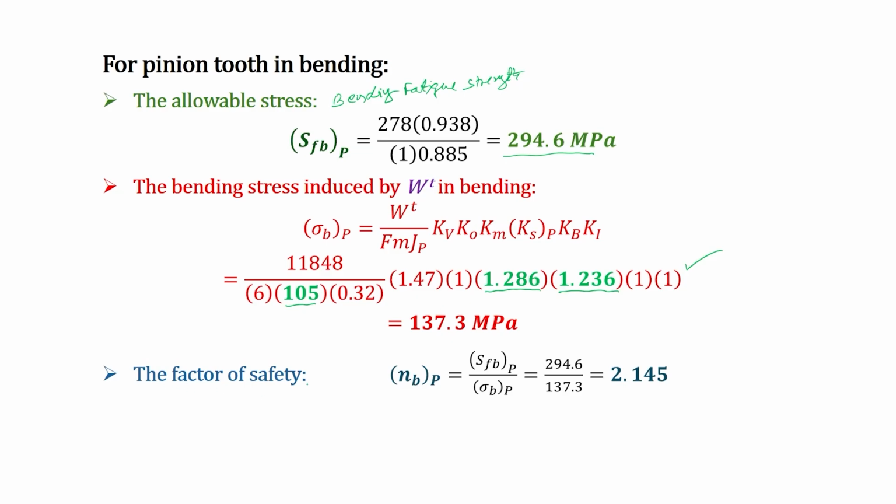And so the factor of safety against bending for the case of pinion has come as 2.145.